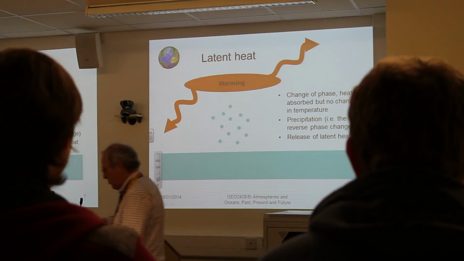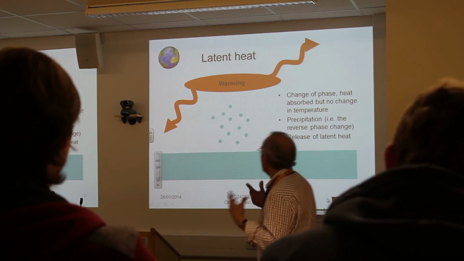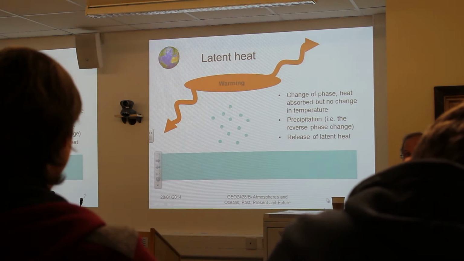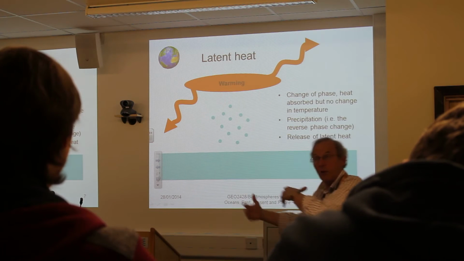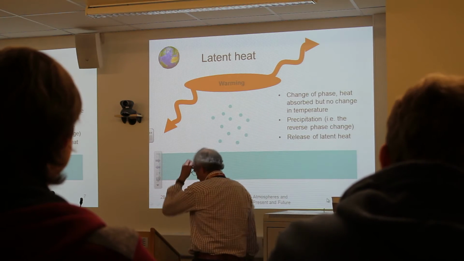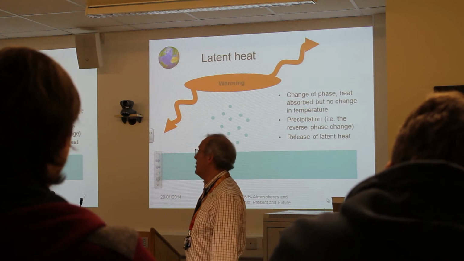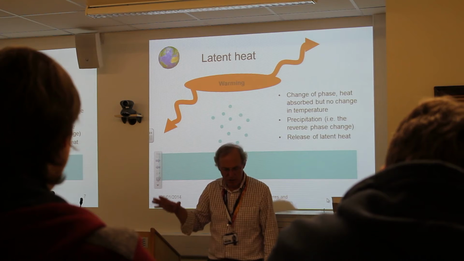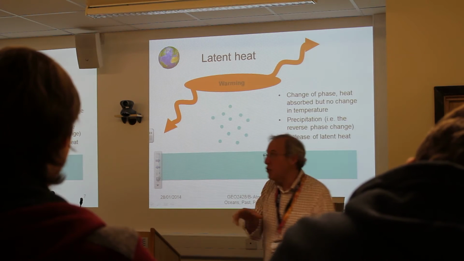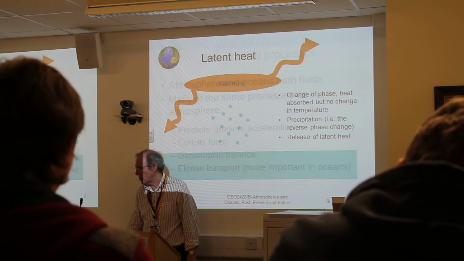Because we don't feel temperature changing, we tend to forget that there is energy being transferred from one part to another part. So there is latent energy evaporated. That's another complication, because measuring latent heat is far more difficult than measuring temperature. It's easy enough to monitor temperature change, but monitoring change in energy is far more difficult. That's why we tend to simplify matters into temperature all the time.